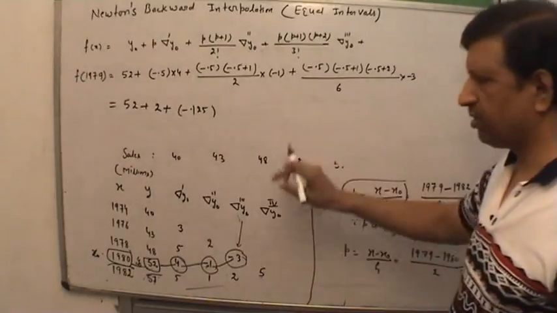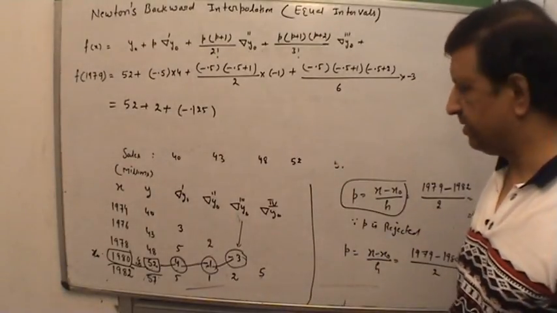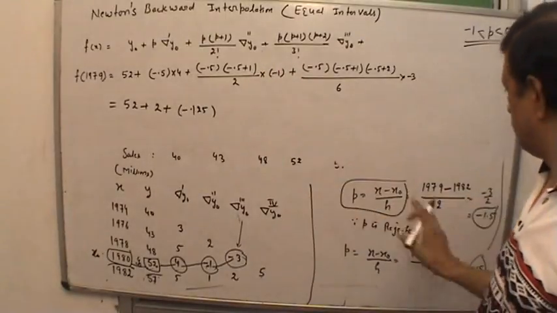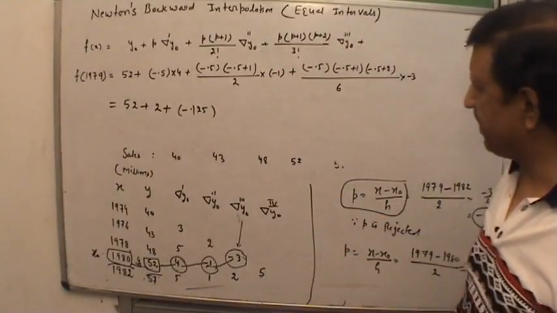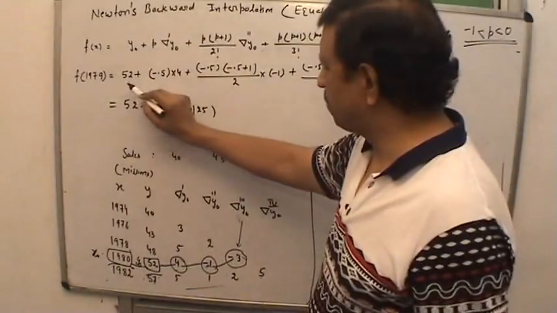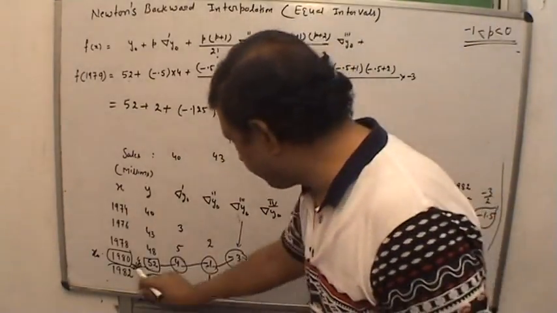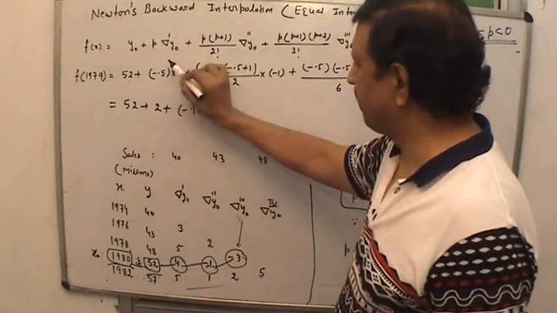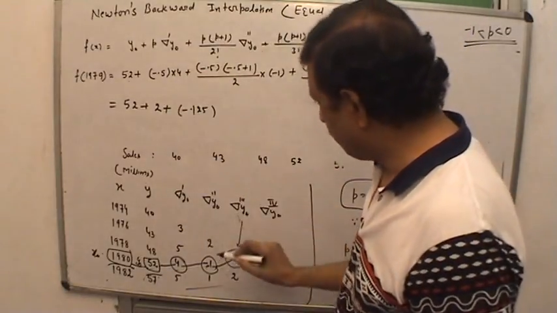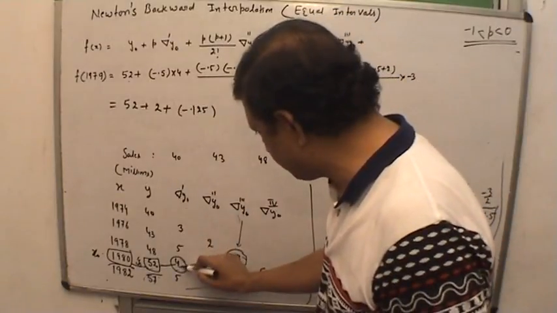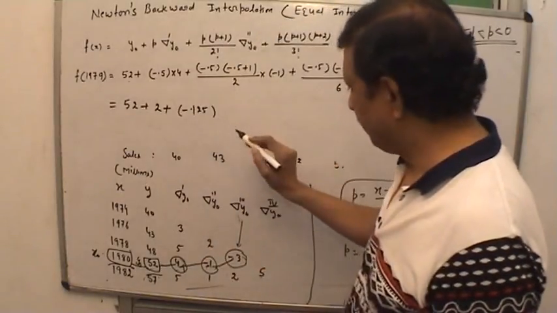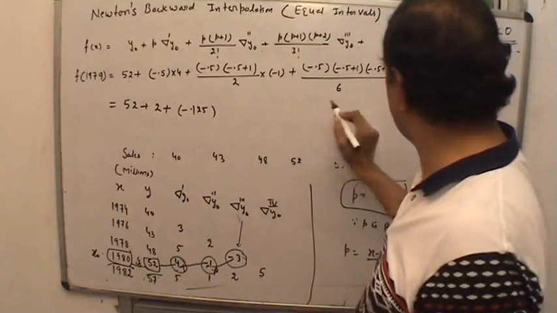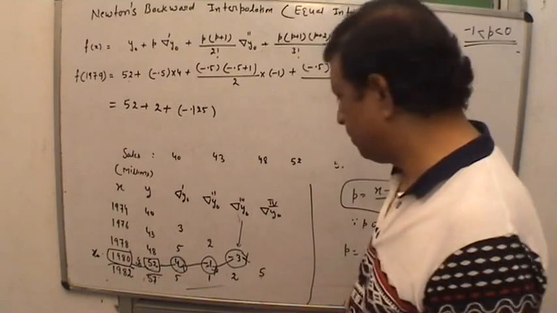Secondly, the accuracy of the result will increase in this manner. If we put all the values from the given data, say y0 is 52, we have started from here, it is 52, P minus 0.5, inverse delta y1. For inverse delta we select this value 4. Then for delta 2 we select minus 1, and for delta 3 we select minus 3.